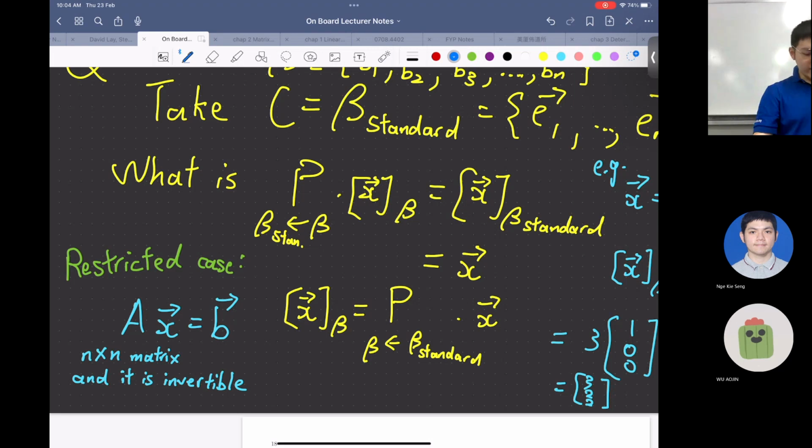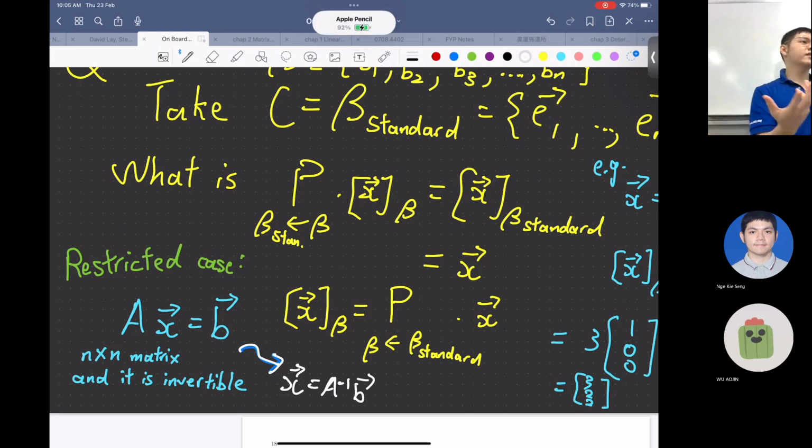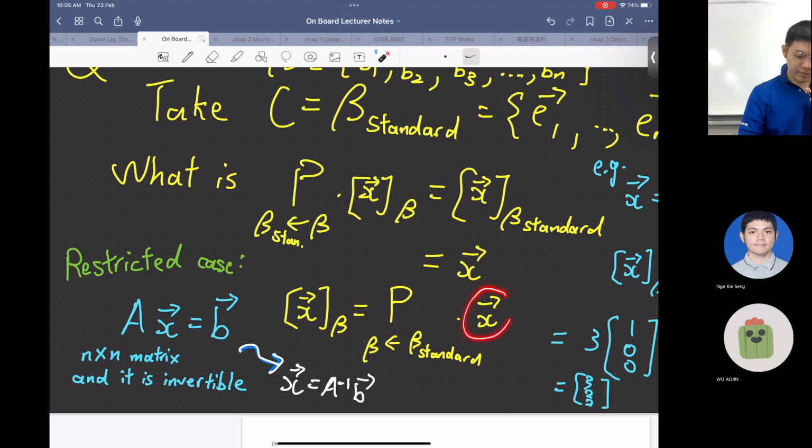Normally you can use an augmented matrix, or x hat equal to A inverse b. But what you are really doing is just writing your b in terms of different bases.